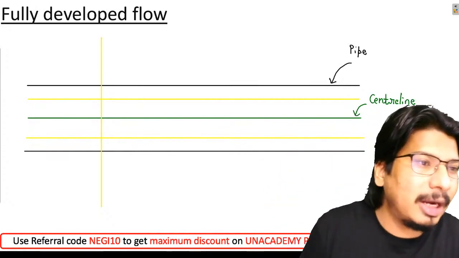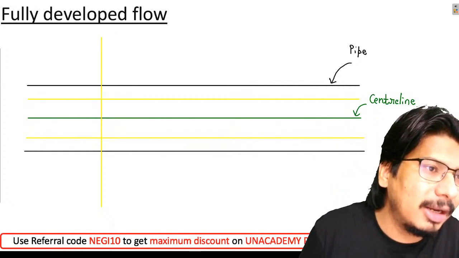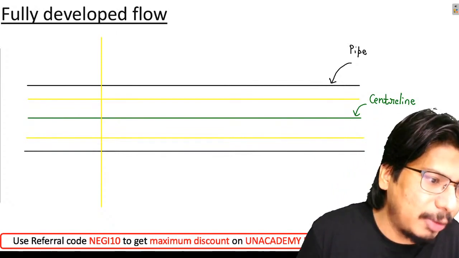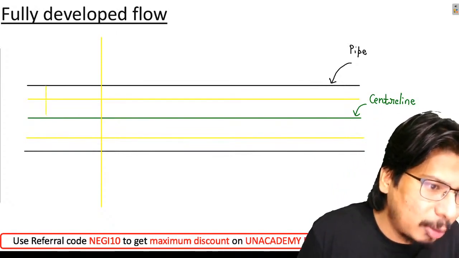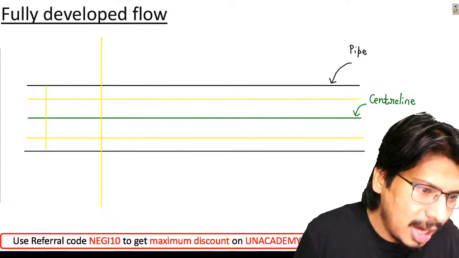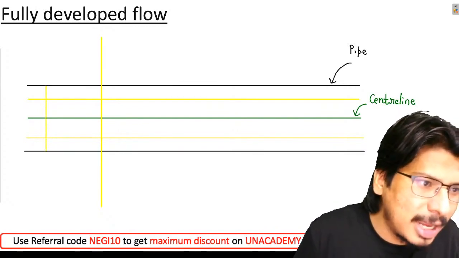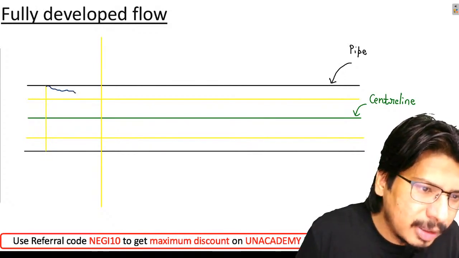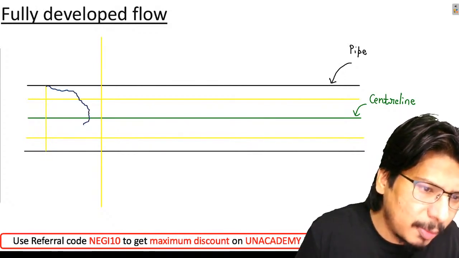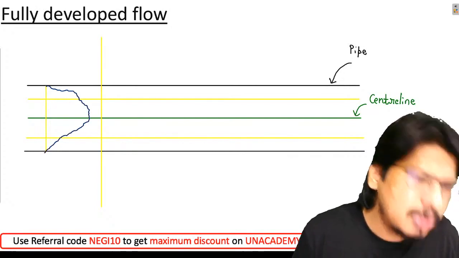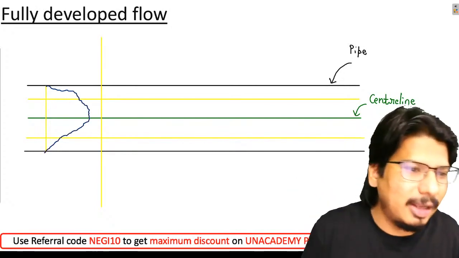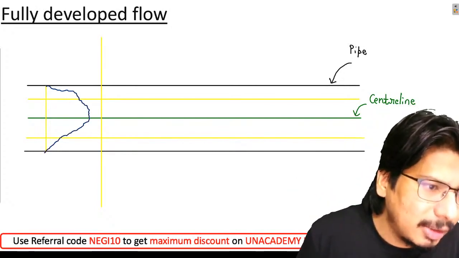Look here, beta. I will try to make you understand. Let us suppose I'm talking about here, and let me say the velocity profile is something like this. It is not well defined. The fluid particle which is here has zero velocity.